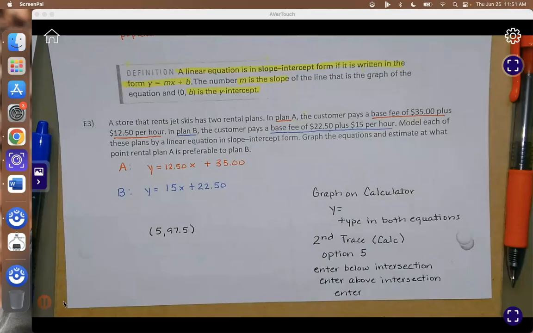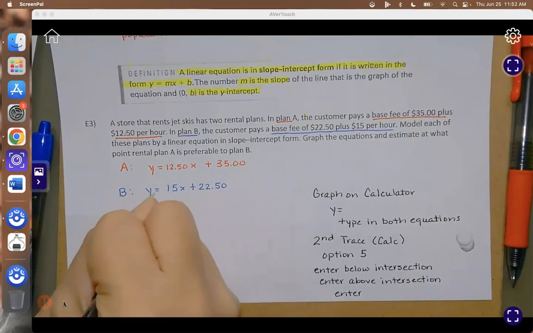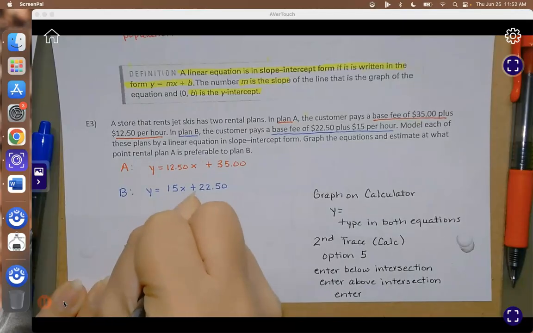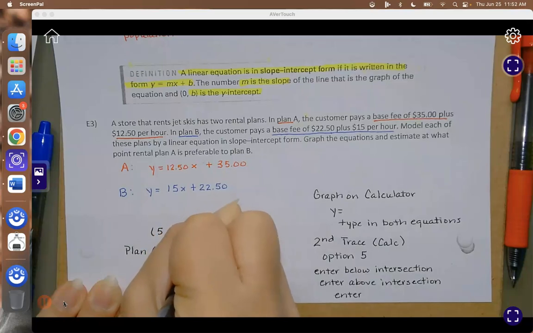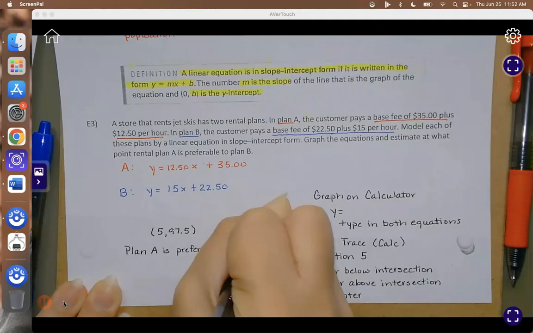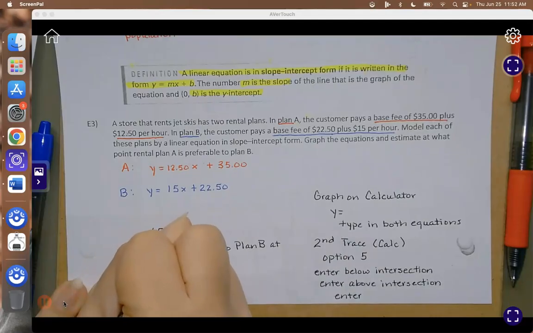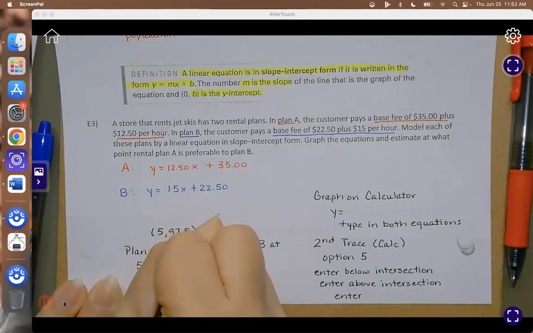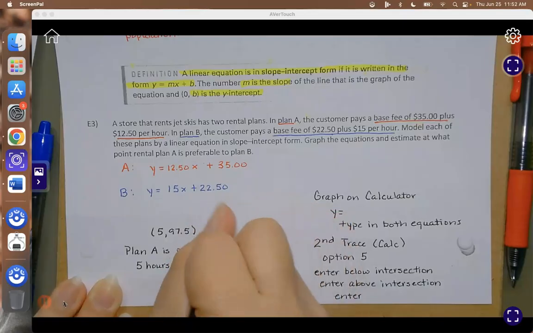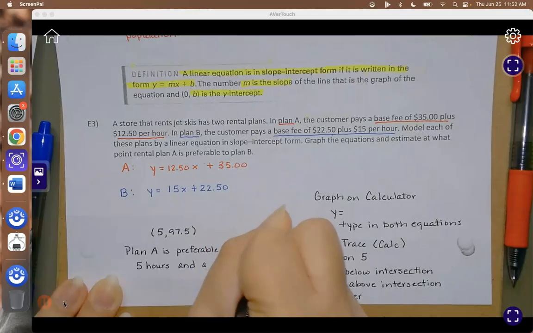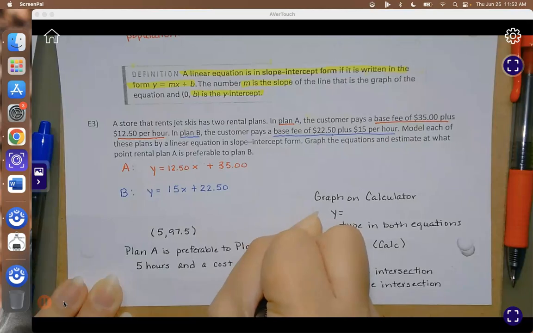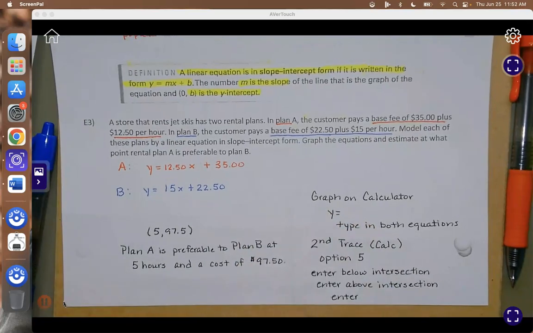So that means plan A is preferable to plan B at 5 hours and a cost of $97.50. Okay? And that's all there is to it. All right, if you have any questions, let me know. Have a good day.